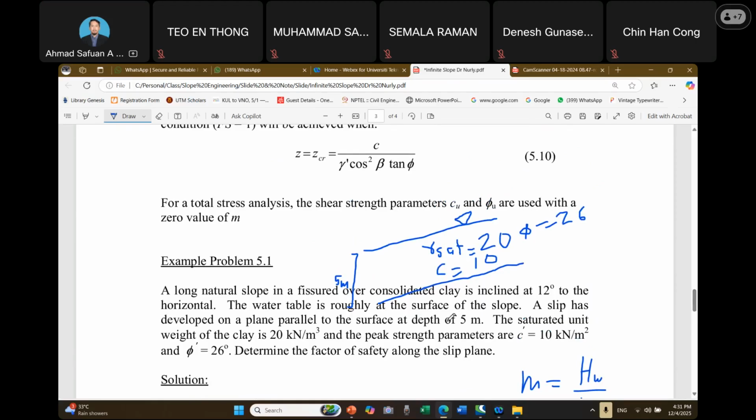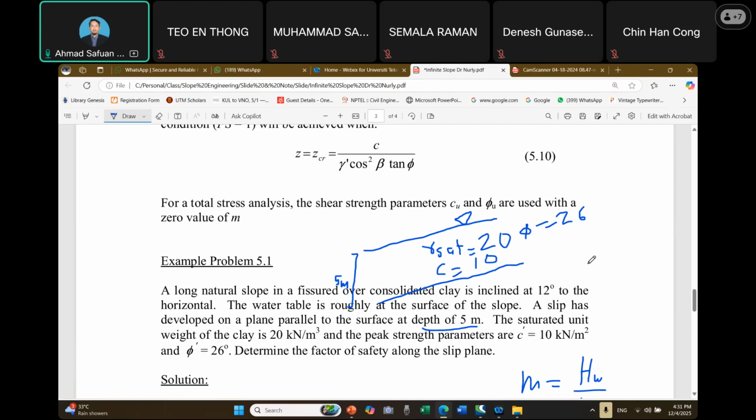The question stated that slip has developed on a plane parallel to the surface at a depth of 5 meters. In reality, to use the linear failure plane, we need to go to the site.